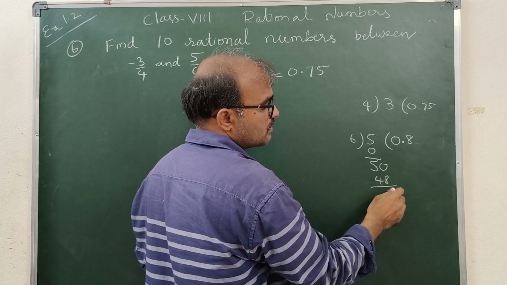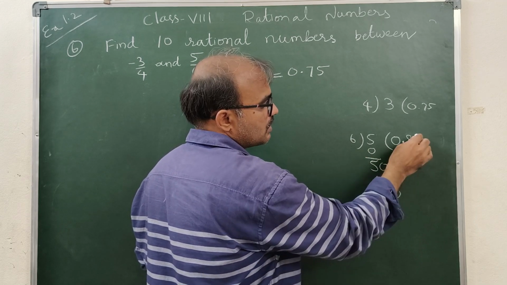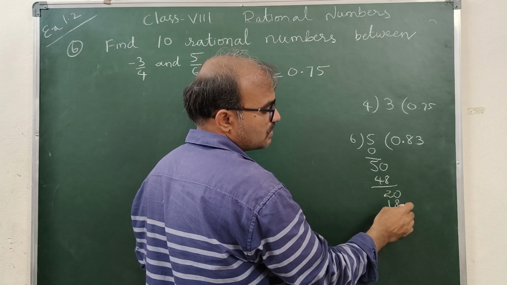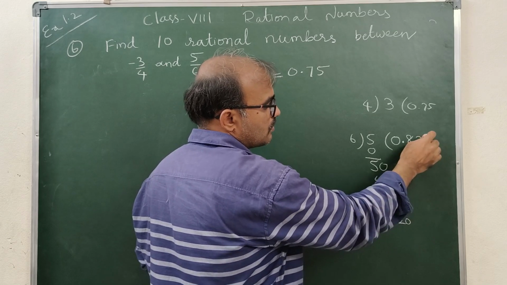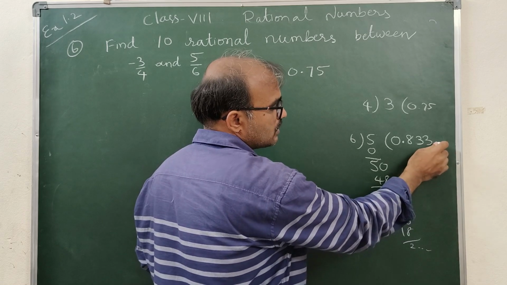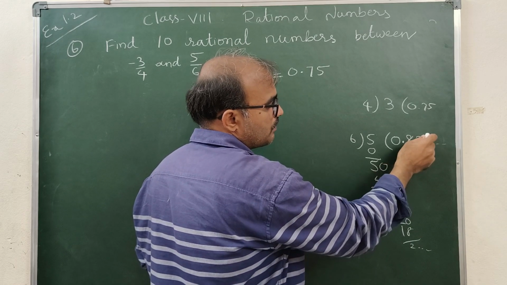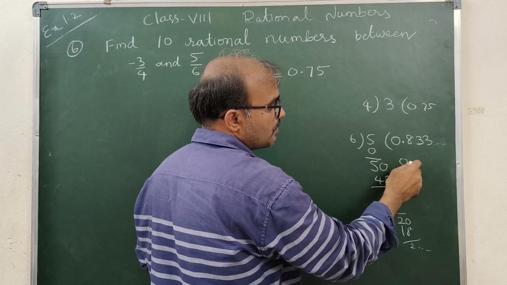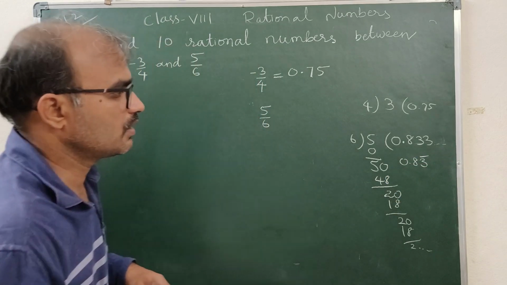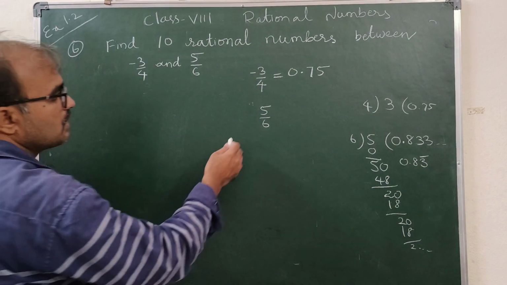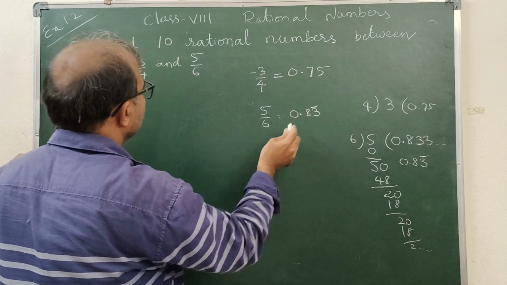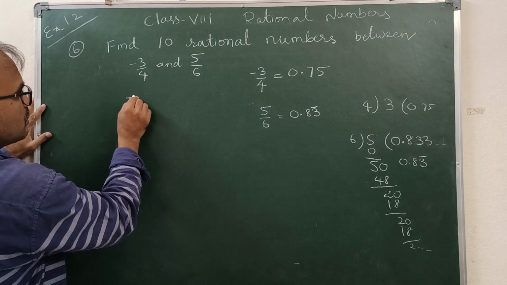Again keep here 0. 6 3s 18. 2 is the remainder. Keep here 0. 6 3s 18, and it continues. So it will be 0.83 bar, that is 0.8333. So 5 by 6 is 0.83 bar.